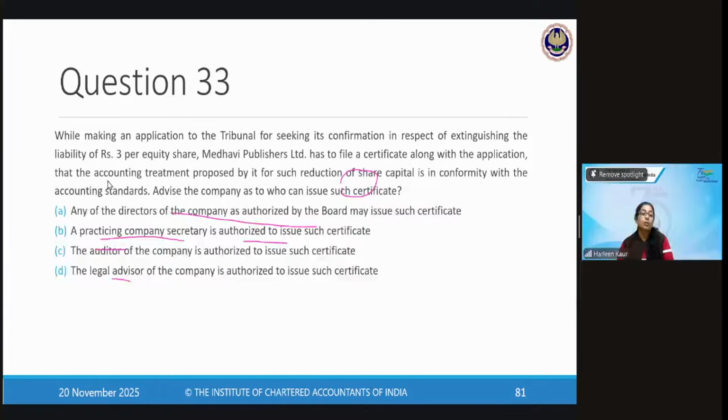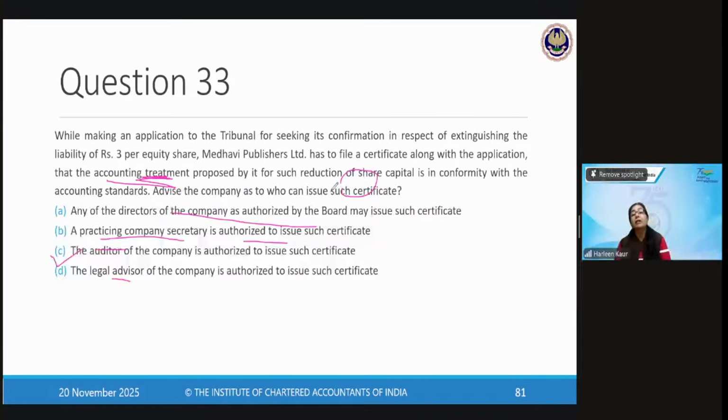Who will do the accounting treatment check in the company? Who comes and decides whether the accounting treatment has been followed properly? Company secretary check करता है क्या, Rajveer and Ram? Good, Lokesh. So the certificate has to be issued by the auditor of the company.